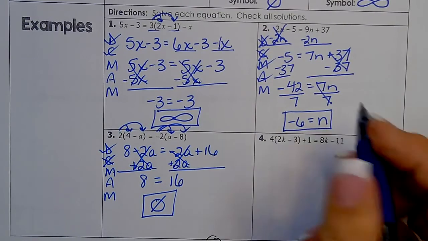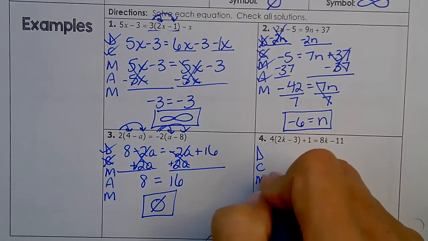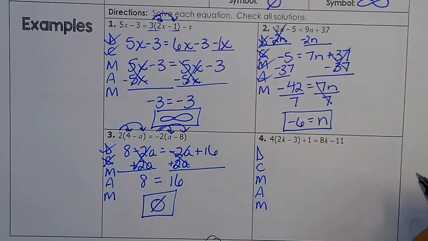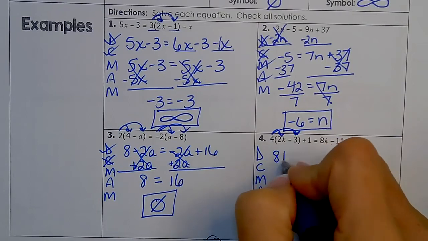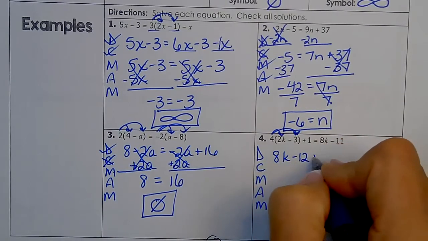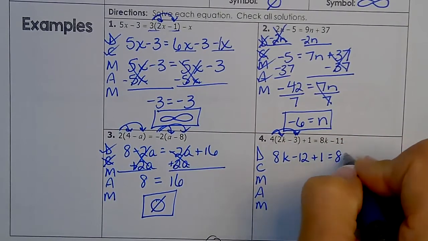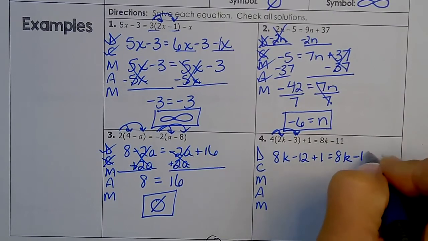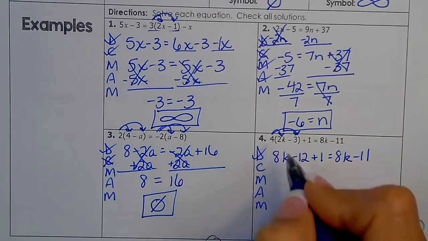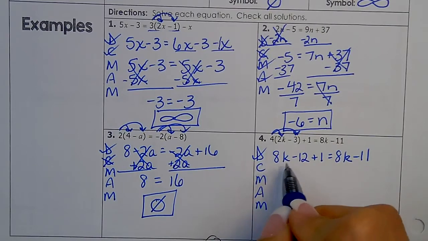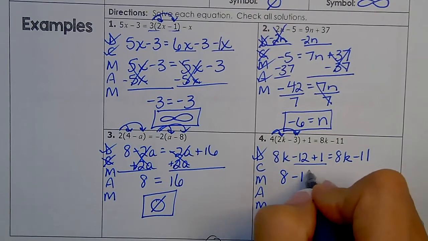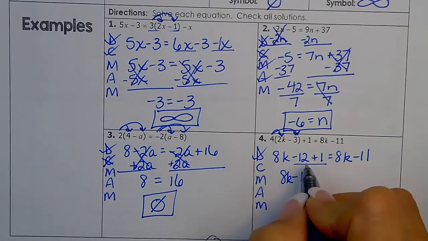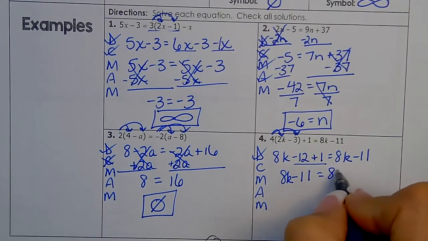Number 4. Distribute. Combine like terms. I can combine those to get 8k minus 11.